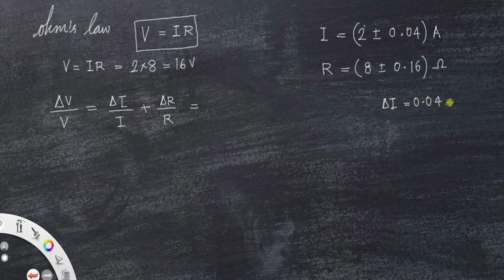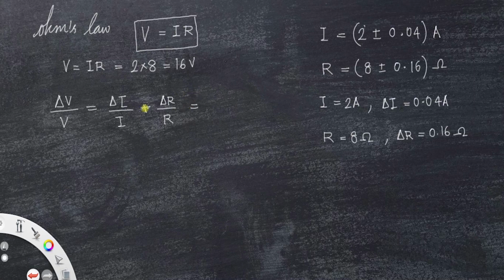So this is equal to, so delta I here is 0.04 ampere. I here is 2 ampere. Similarly, R here is 8 ohm. Delta R is equal to 0.16 ohm.